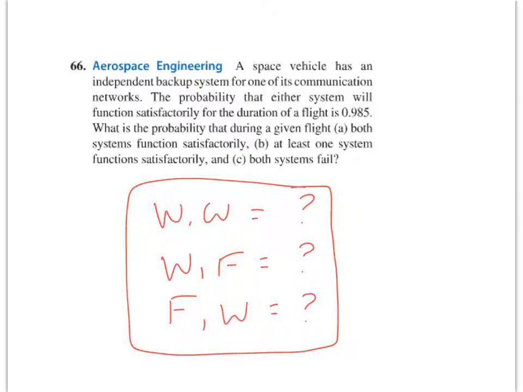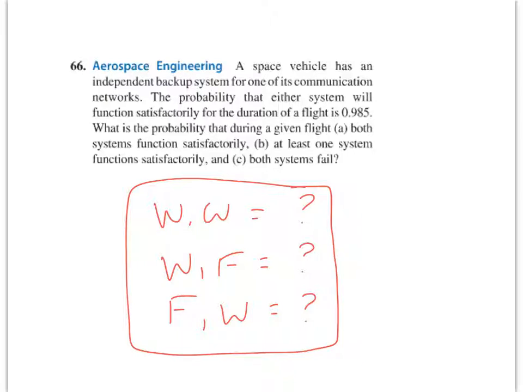Let's think about the complement of both systems fail. The complement of both systems fail is that at least one of them works. So if we just think about it this way, we can figure out the probability that both systems fail, which we did in C, and then subtract that number from 1.